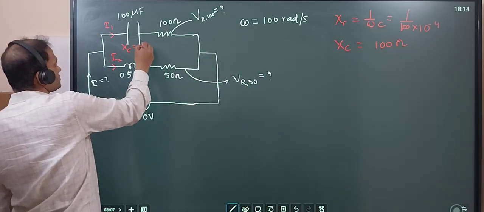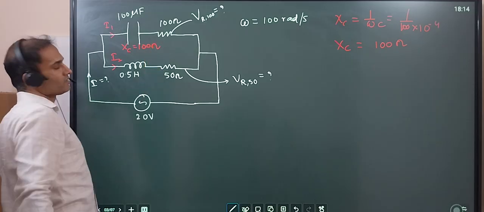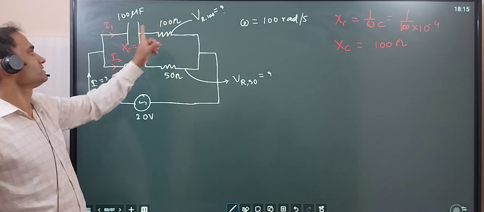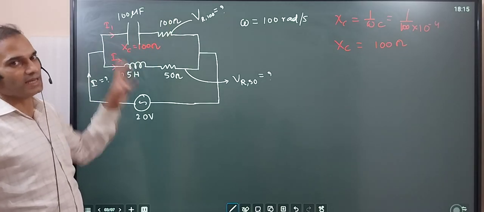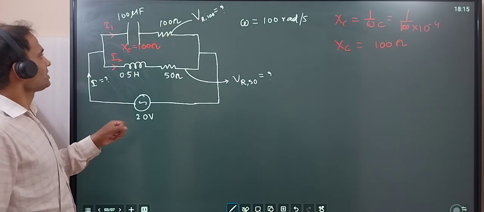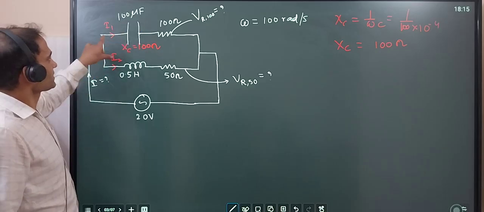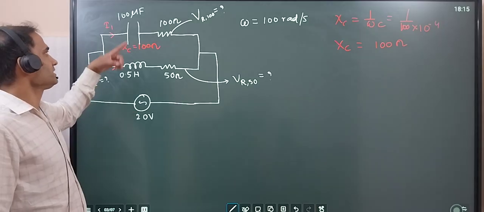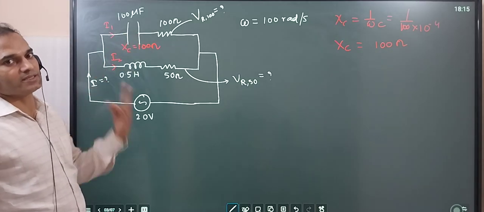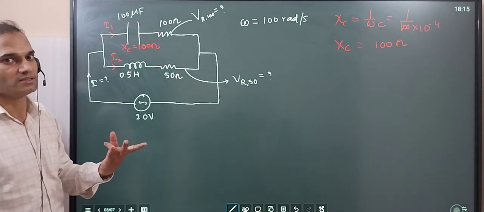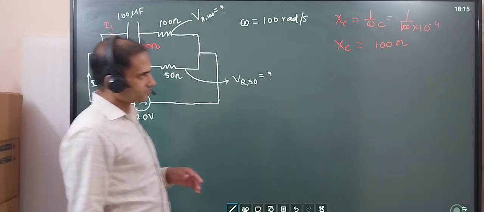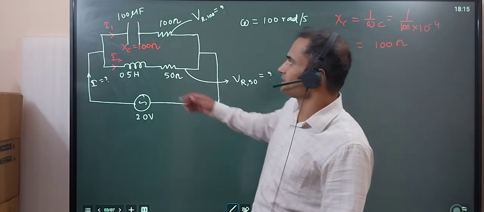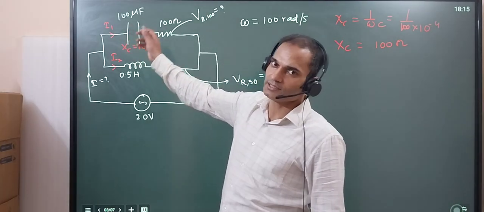This R is 100 ohm, this XC is 100 ohm. That means the current will be leading here. With respect to the voltage phasor, current will be leading because we have a capacitance.